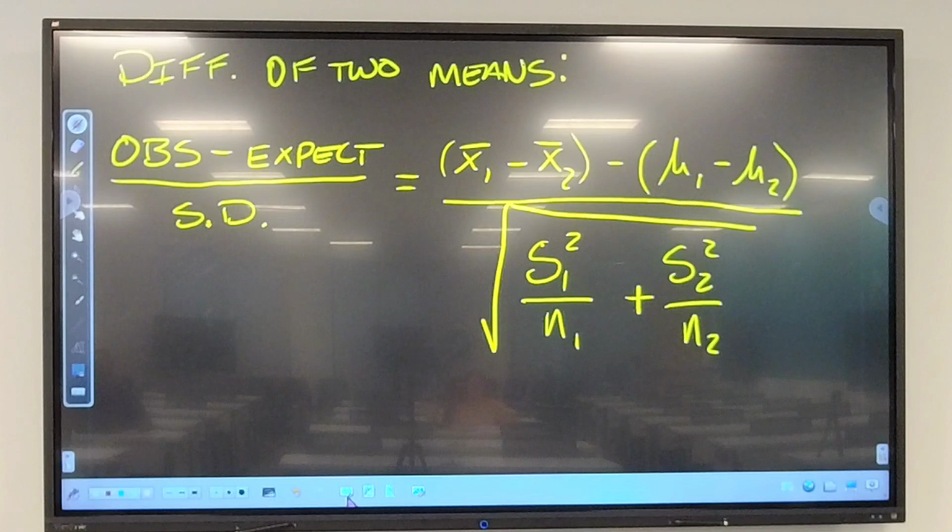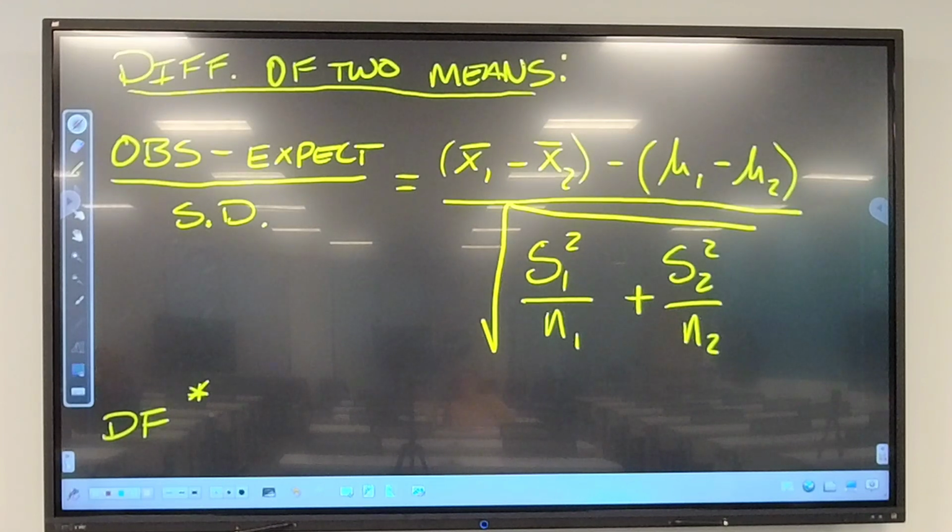And there are two, so if you're ever using an online calculator in the future, they might say to you that the degrees of freedom is just n1 plus n2 minus 2. Because you would have the first one minus 1 and then the second one minus 1.